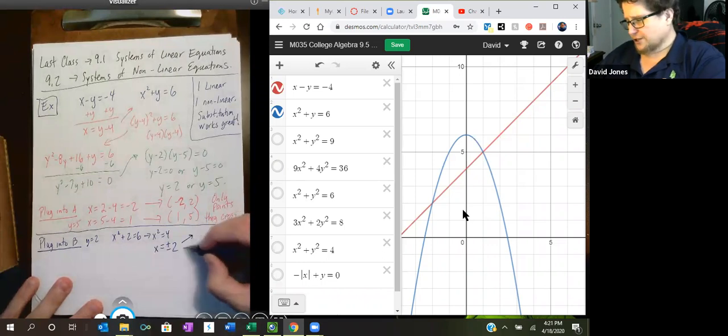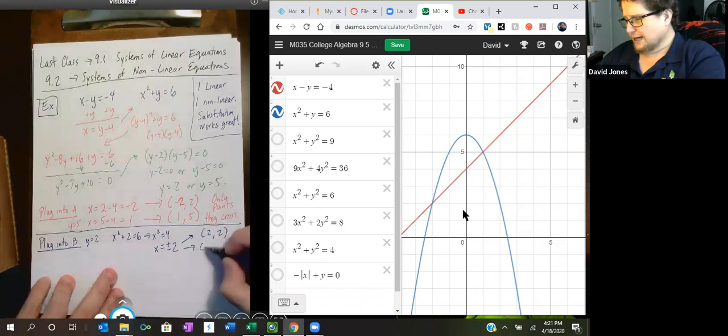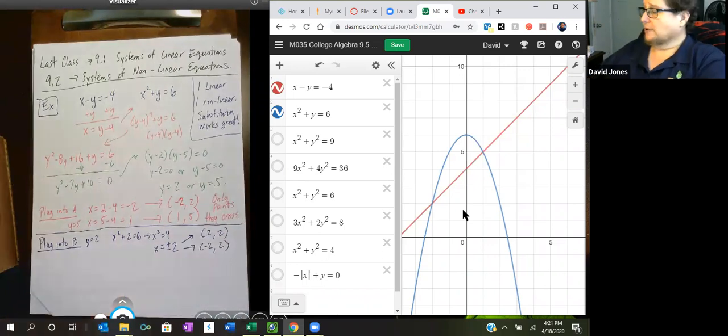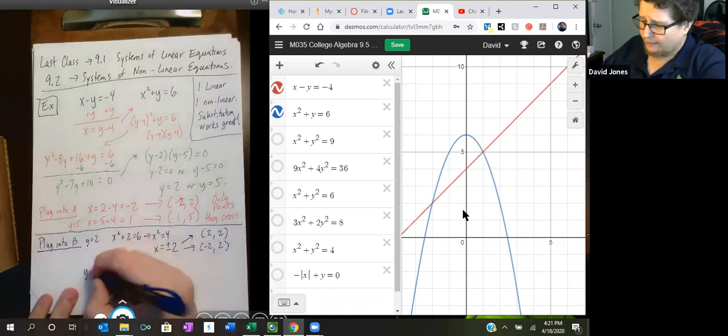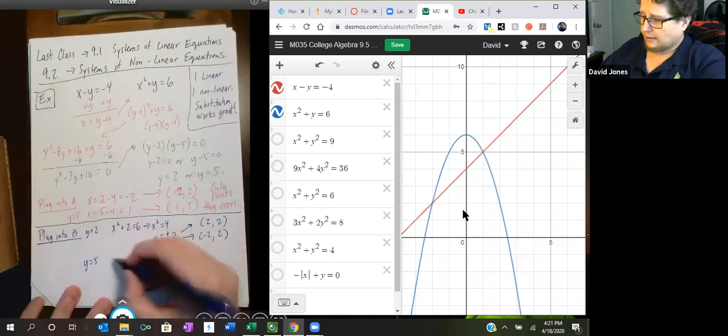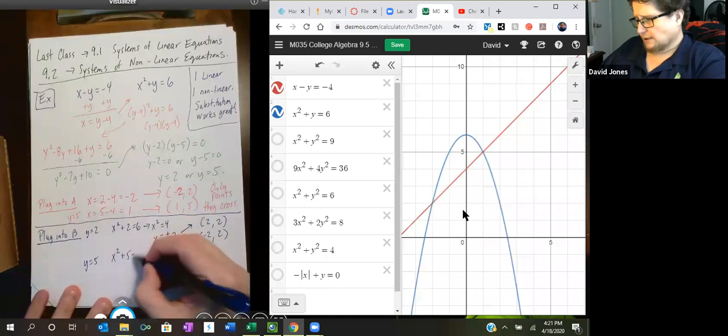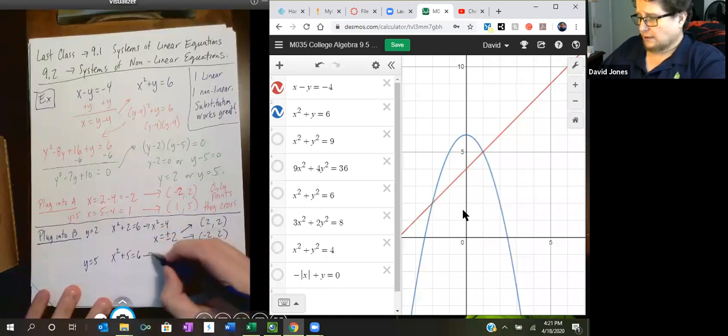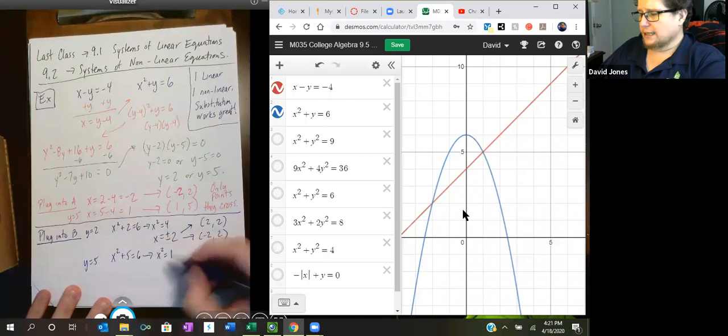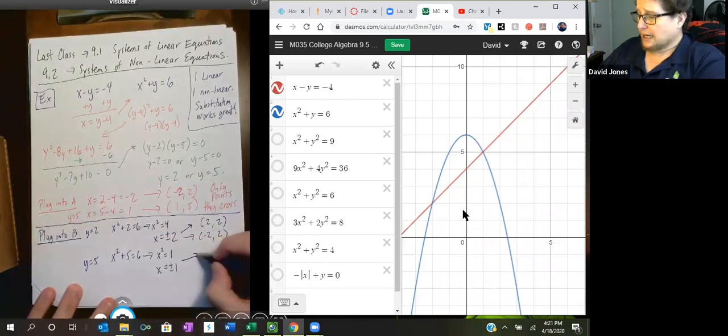This generates two answers, 2, 2, and negative 2, 2. If we plug in y equals 5, x squared equals 1. We take the square root, we get plus or minus 1. And we get 1, 5. We also get negative 1, 5.